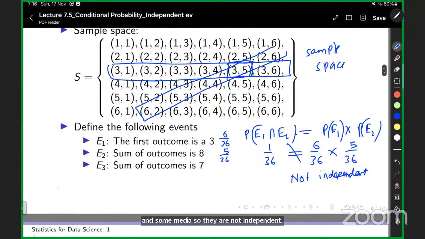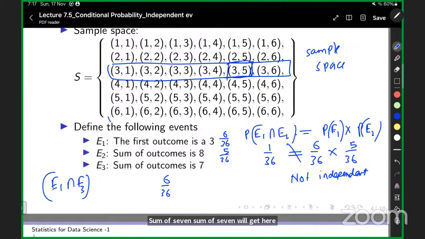Now let's see, are E1 and E3 independent? So we can see E1 is going to be 6 by 36, you already know. What is the sum of 7? Sum of 7 we will get here, right? This one, which is 6 by 36 again.